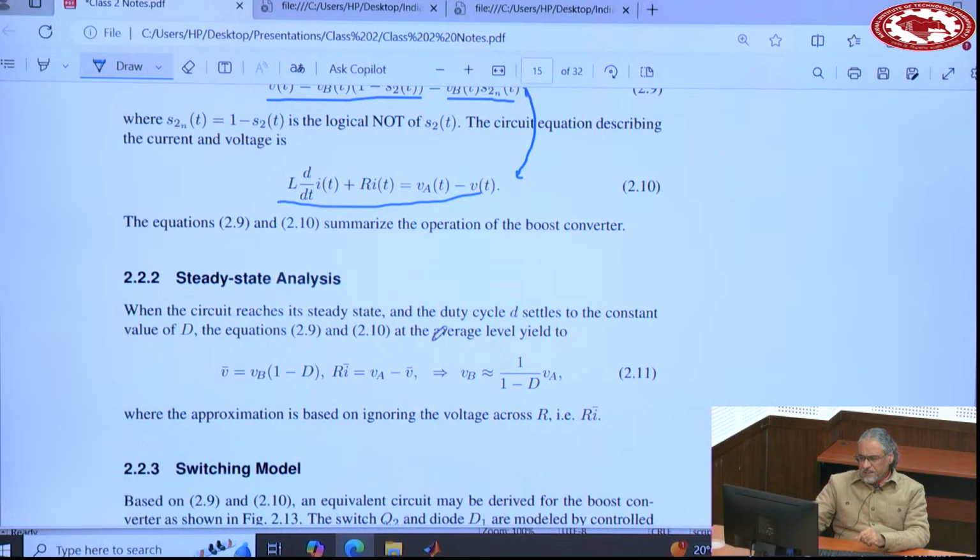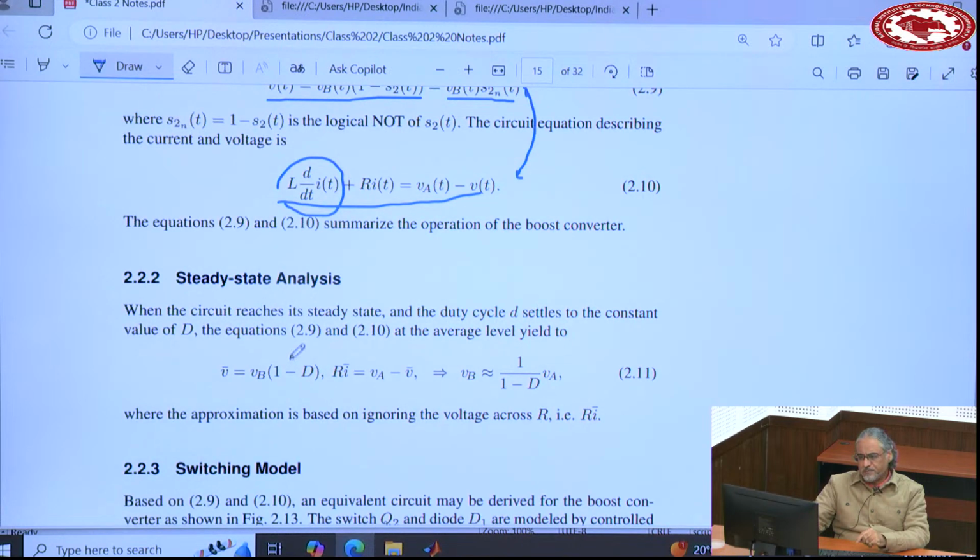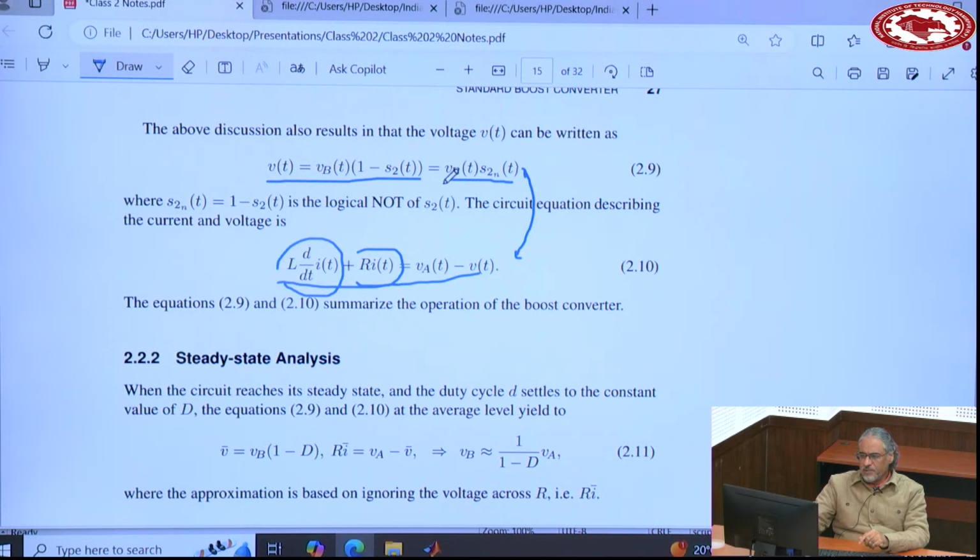Steady state analysis. For a steady state analysis, basically what you do, you put these derivatives equal to 0. If you put this derivative equal to 0, and then R is very small, so again you can even consider this to be 0. So VA is equal to, and then for V, you substitute from here VB times S2N.